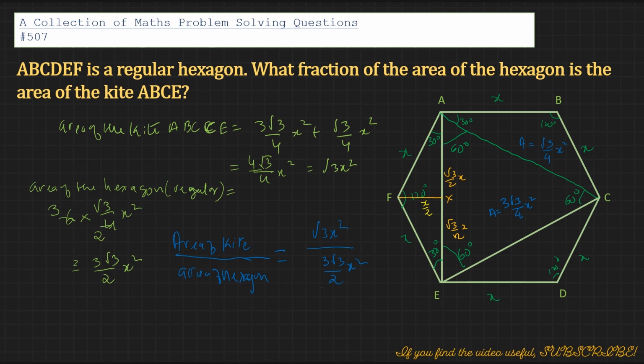So all the √3's go away, the x squareds go away, and I am left with 2 out of 3. And that is the correct answer. It is 2 out of 3.